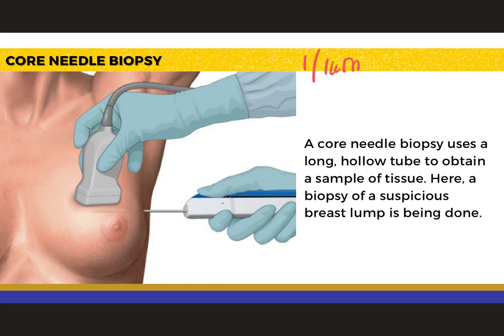Just to compare with FNA, in FNA samples undergo cytological examination, which looks at single cells or small groups of cells, while core needle biopsies allow a pathologist to perform a histological study of tissue structure as well as cells.